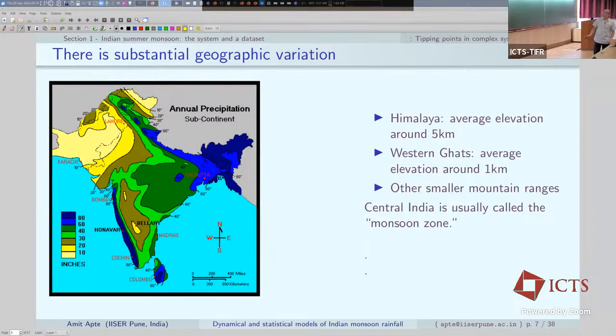The URL is missing where I got this from. Anyway, it's in inches, sorry. Inches to millimeter conversion would have been easier to do. So this is about 80 inches, and the smallest amounts are about 10 inches per year. Which is a huge variation across different parts of India.